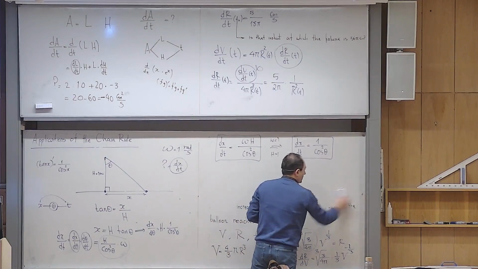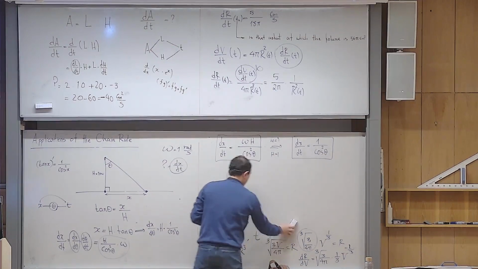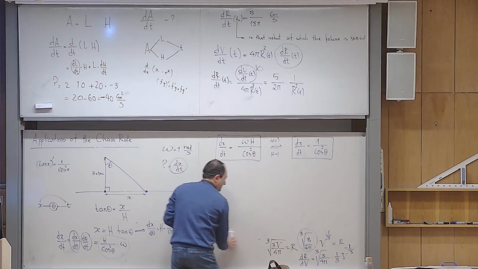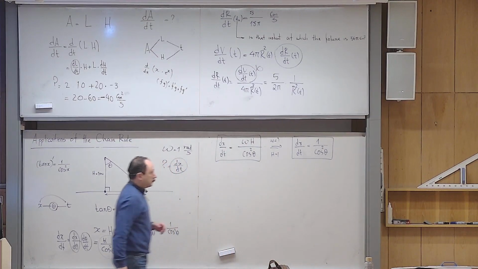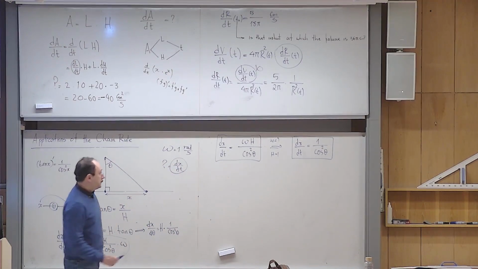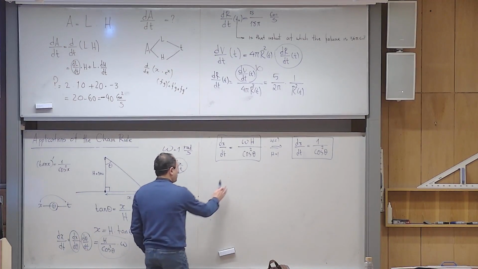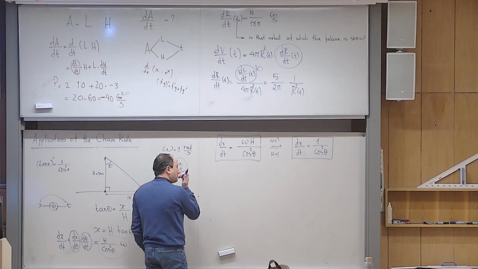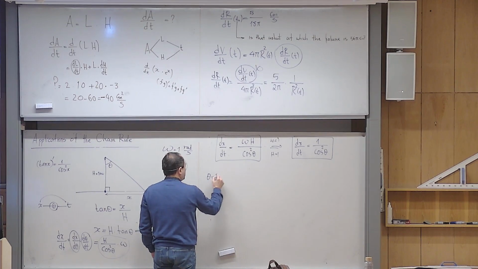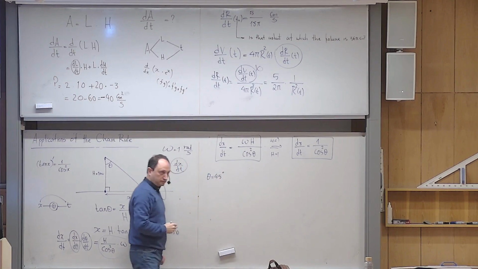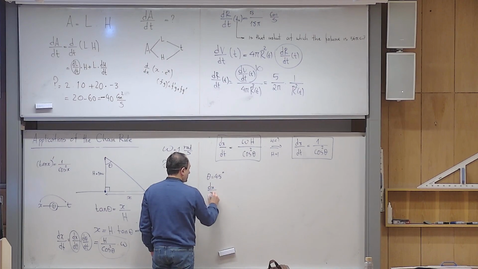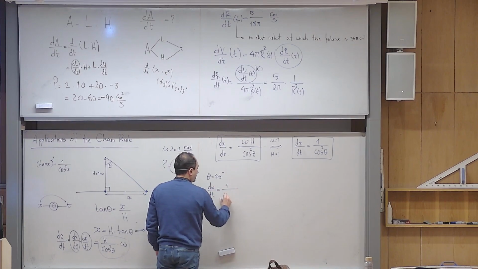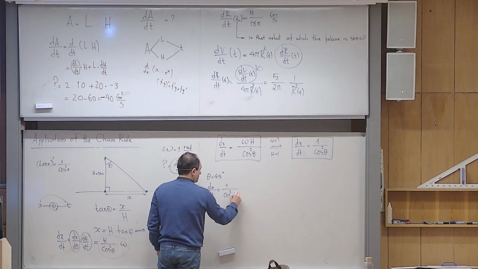Let us calculate this numerically for some values. For example, let me take theta to be 45 degrees. At that moment, dx dt is 1 over cosine to the power of 2 of 45 degrees.